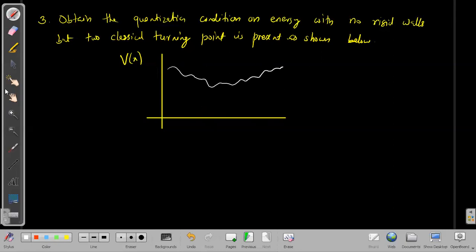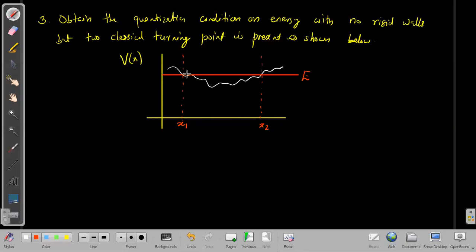Okay, but the total energy, this is our total energy E. So hence we have turning points. These turning points we can call classical turning points. I'll put this point as x1, this point as x2. So x1 and x2 are classical turning points.